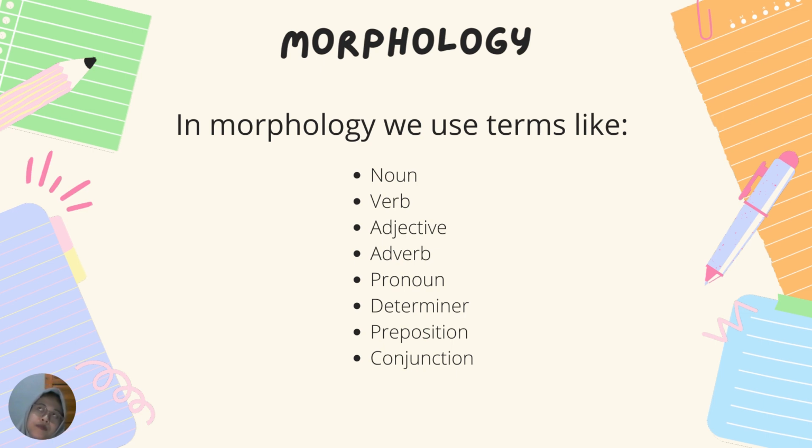Adverb of manner like carefully. And then pronoun like he, she, it, determiner like a and the, preposition such as in front of, in, on, by, behind, conjunction such as because, and, and so on.